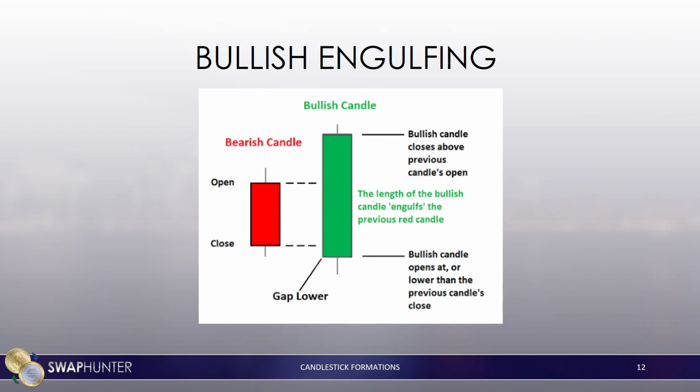So how do we trade it? The correct way to trade the bullish engulfing pattern: it's a good confirmation to enter the trade if subsequent or following candles validate the pattern by closing above the high of the bullish candle.